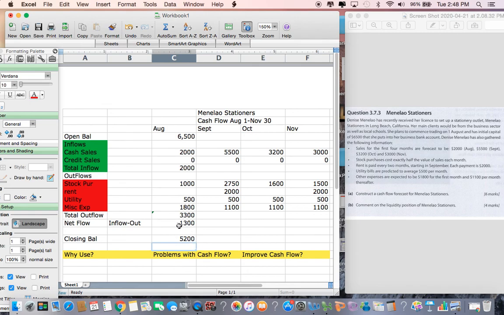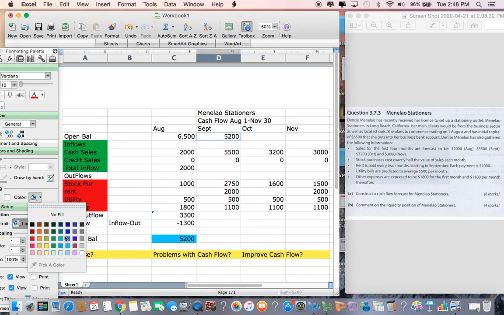Even though she has a negative cash flow, remember she put this $6,500 into the company. So this closing balance is now going to become the opening balance for the next month, because this is monies that you're not going to get rid of. You're going to carry them to the next month.